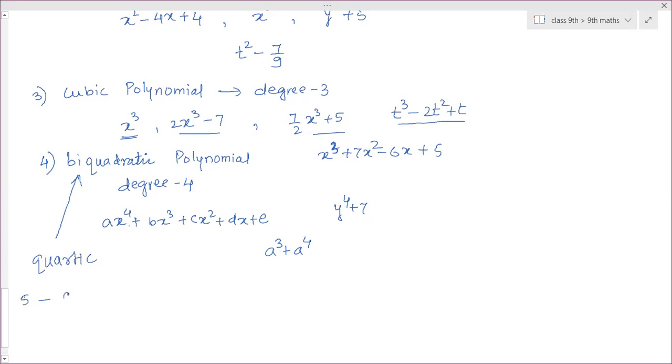Degree 5 is called quintic. 6 is called sextic. 7 is called septic. 8 octic, 9 nonic, 10 is called decic.